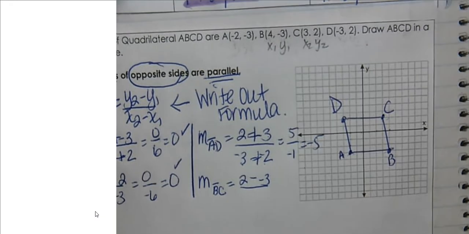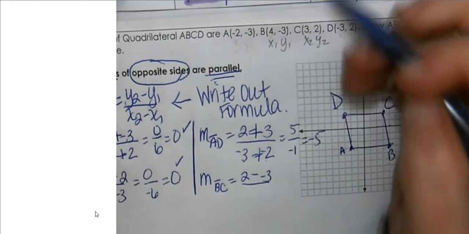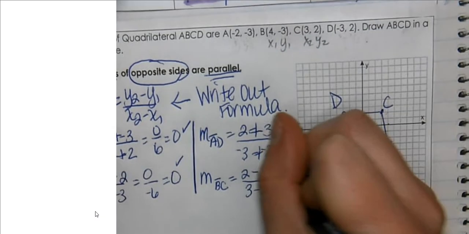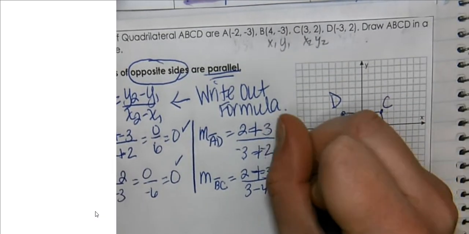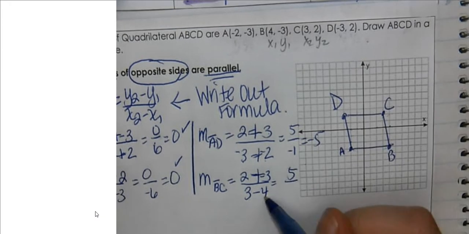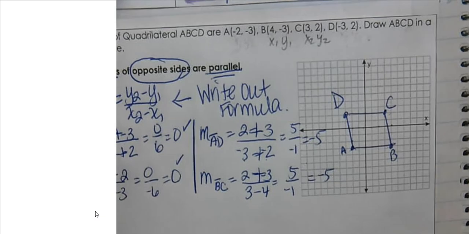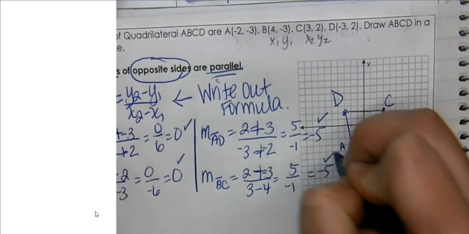Be careful with your signs. All over x2, which is 3, minus x1, which is 4. Negative, negative makes a positive, and I end up with 5 over 3 minus 4, which is -1. 5 over -1 is -5. Both of these slopes are the same.